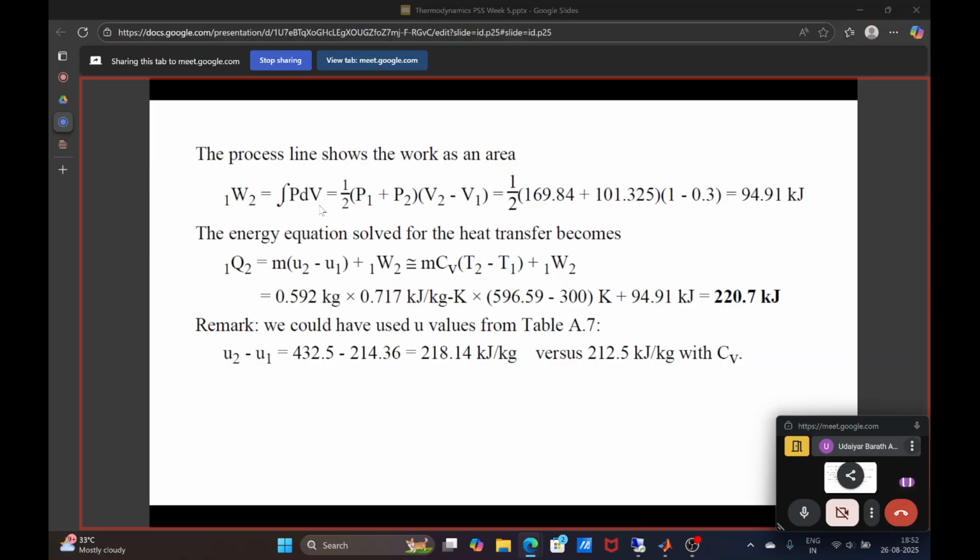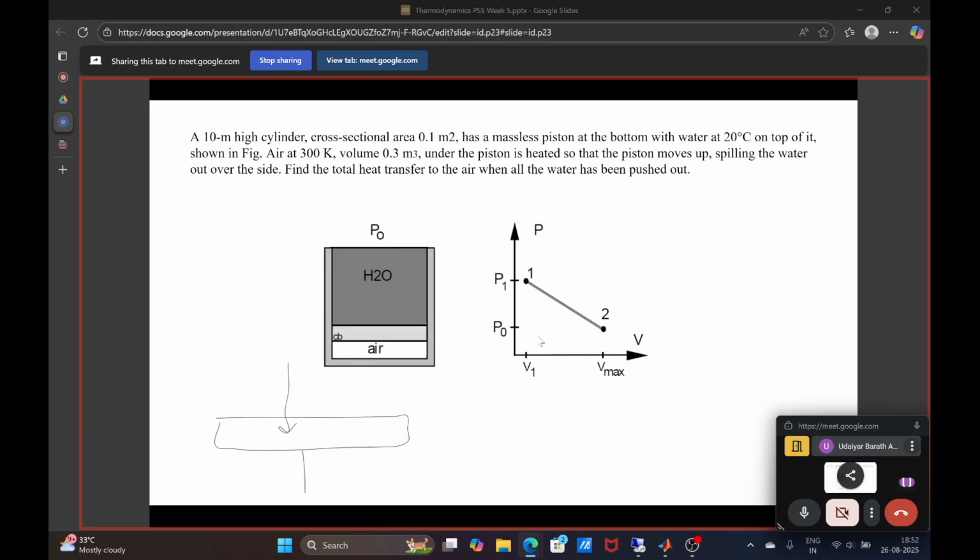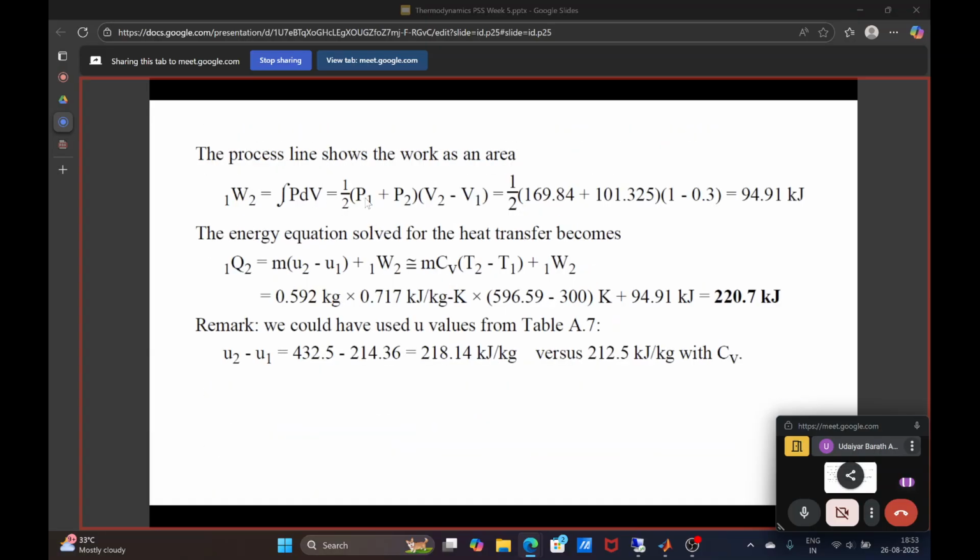We know that this is varying linearly from P1 to P0, so that's a straight line, and we know the initial and final volumes. So you can straight away find the area under this straight line, which is half times P1 plus P2 multiplied by V2 minus V1. This comes out to be 94.91 kilojoules. That is the work done from air expanding from 0.3 meter cube to 1 meter cube.